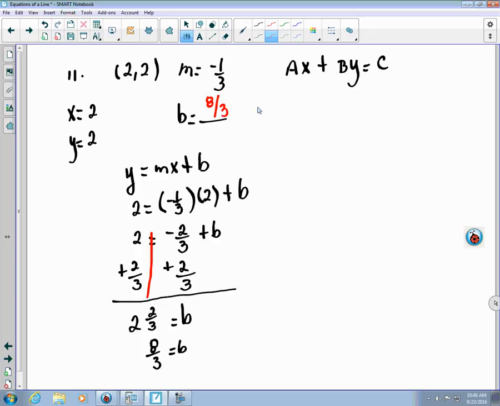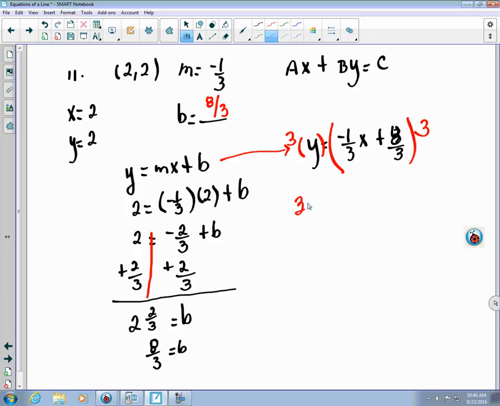All right, so now I'm going back to mommy equation. And I'm going to plug in the slope and the y-intercept. So y equals negative 1/3 x plus 8/3. Now, I cannot have any fractions, so I can multiply by 3 on both sides.